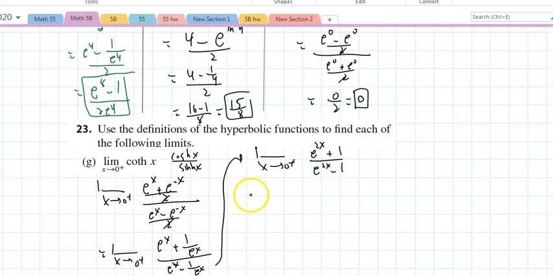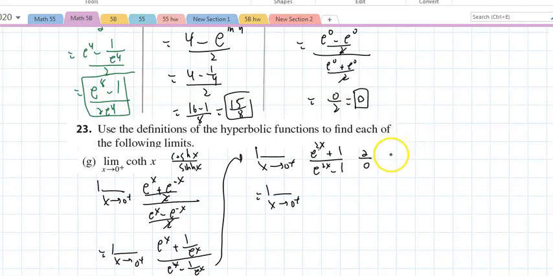If I plug in the 0, I'll get e to the 0, 1 plus 1, that's a 2. 1 minus 1 is 0. So I know from 5a, this is either positive infinity or negative infinity.